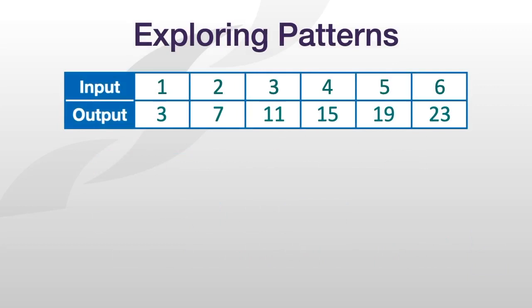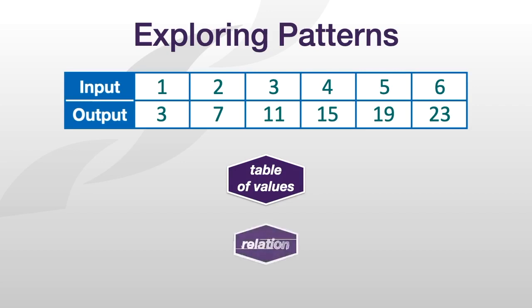A helpful way we can represent a pattern is with a table of values. The input counts the number of terms in the pattern, and the output lists the actual numbers in the pattern. Because we will be relating output numbers to input values, this is called a relation.